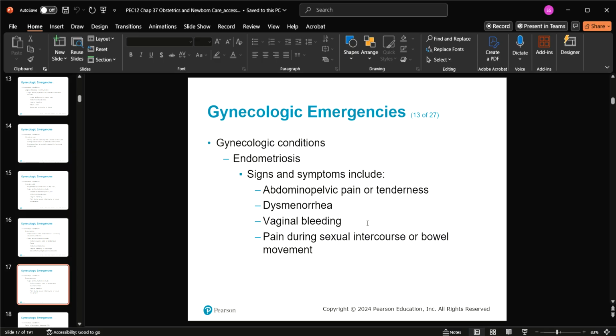Endometriosis, again, breaking this down. I'm going to expand on this a little further. There are 4 categories of this, and you need a surgeon to determine the severity of it, because they need a laparoscopic surgery to go in and actually visualize how bad the endometriosis is. So stage 1 to 4, 4 being the most severe.